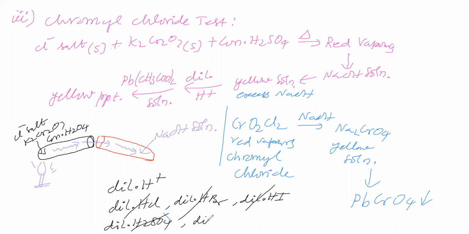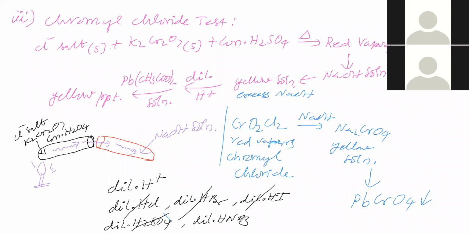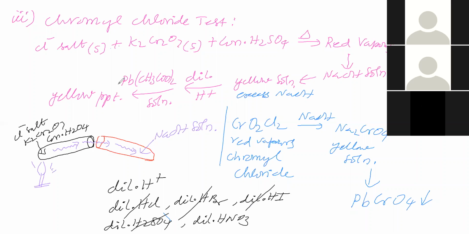Shall we add dilute nitric acid? If you add dilute nitric acid, Pb and nitrate become lead nitrate, which is quite soluble.